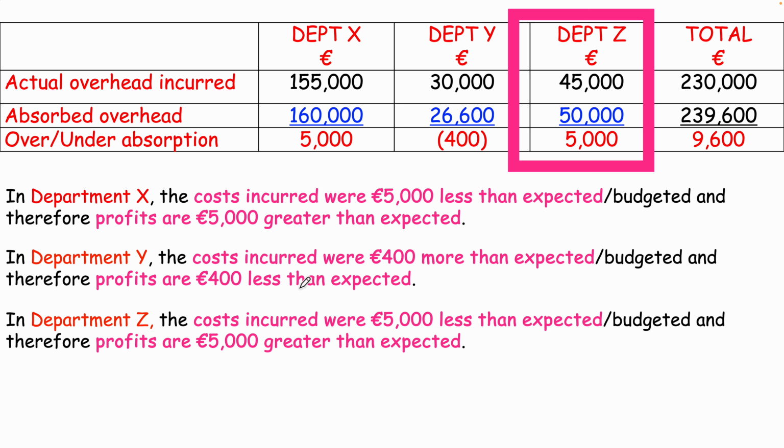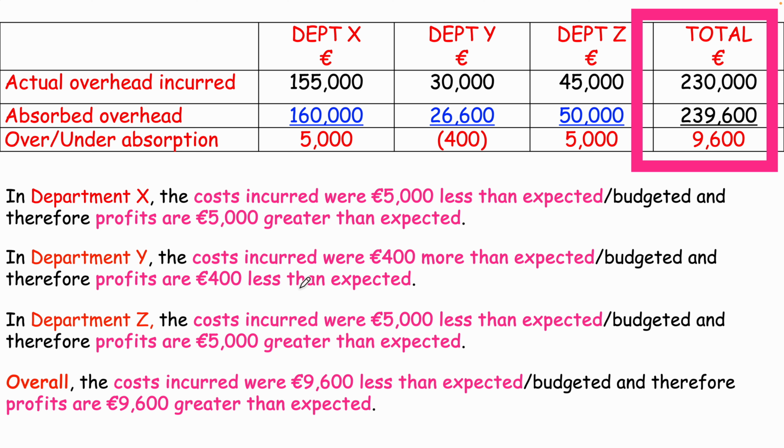And in Department Z, the costs incurred were 5,000 less than expected or budgeted, and therefore profits are 5,000 greater than expected. And in total, overall, the costs incurred were 9,600 less than expected or budgeted, and therefore profits are 9,600 greater than expected.